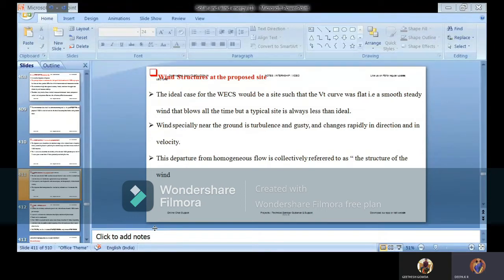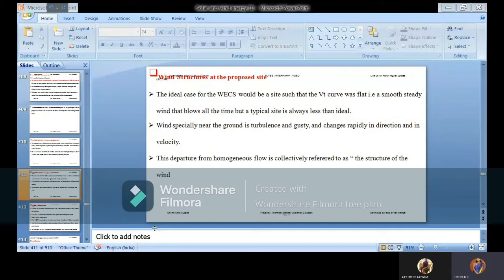As we are saying, wind blades are of two types: horizontal types and vertical types are available. So which one is better? If you have heard the terms Pelton wheel, Kaplan type, there are varieties available. Being a mechanical student, if you study systems, you will understand there are different kinds of blades available for turbines. So here we'll see what structures will be considered at the proposed site.